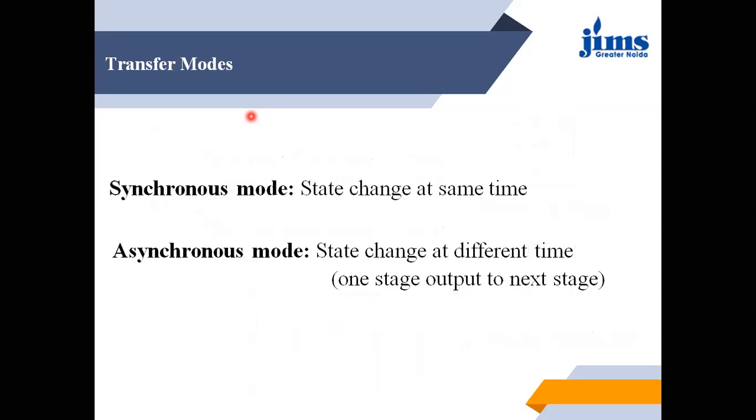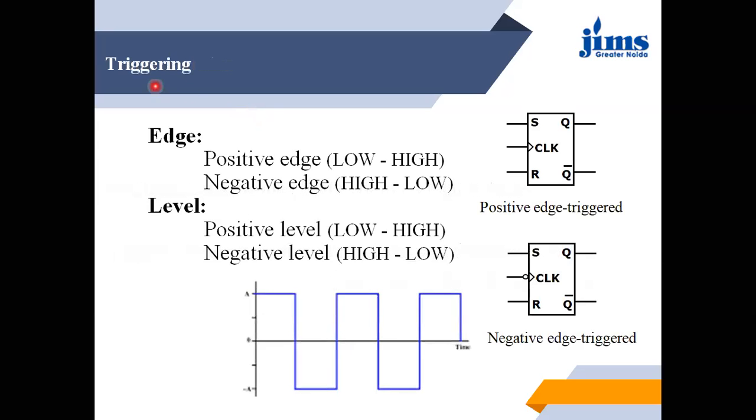Mode decides whether all the flip flops will work at the same time or not, and triggering decides when the value of the flip flop is going to be changed. So there are two basic ways in which values can change. It can change either at the edge, or it can change the value at the level.